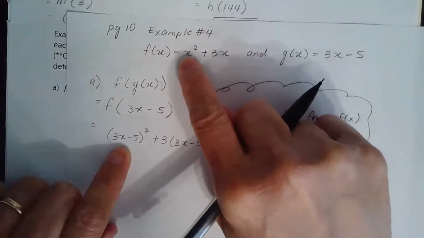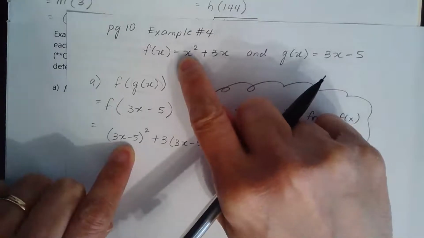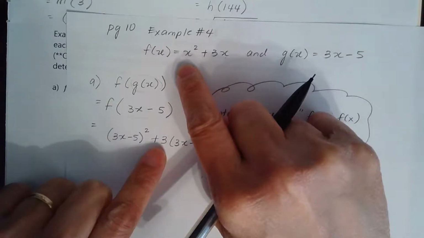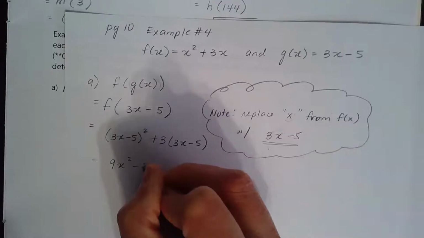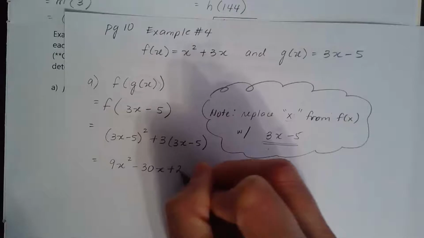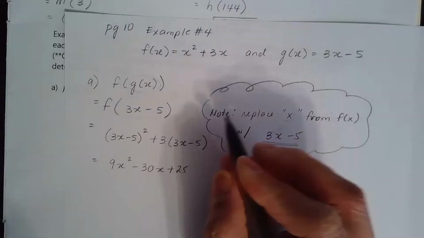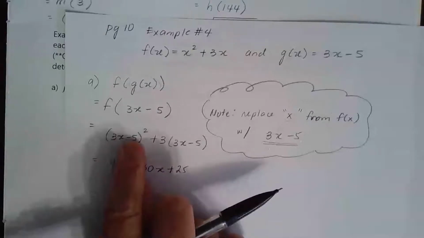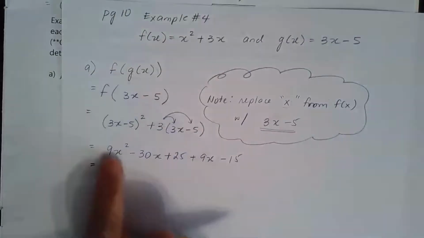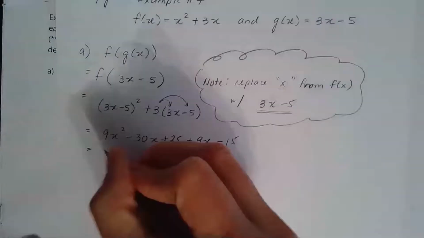So here we see x here, and we see an x right there. So minus 5. A little note here. So 3x minus 5 squared.